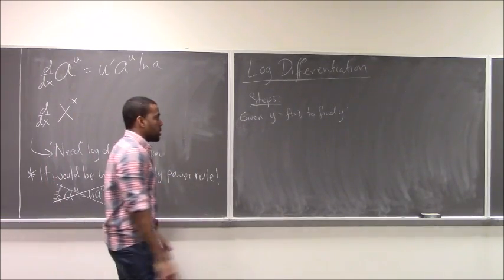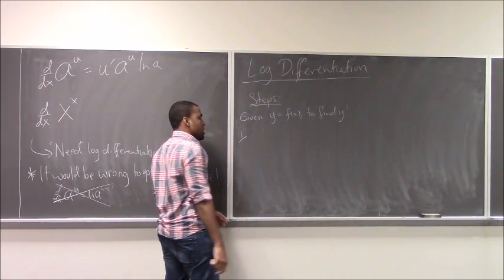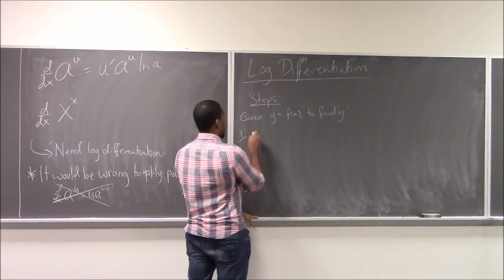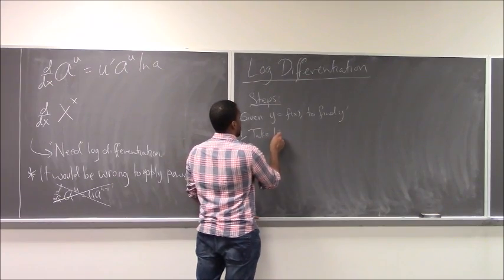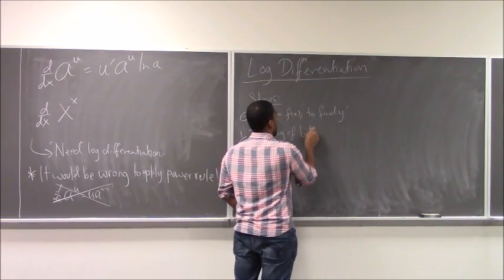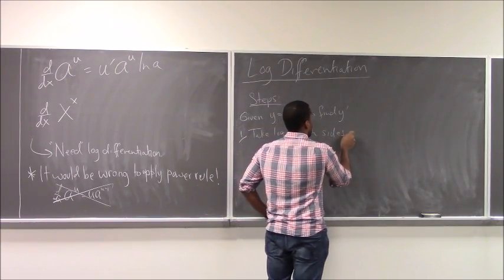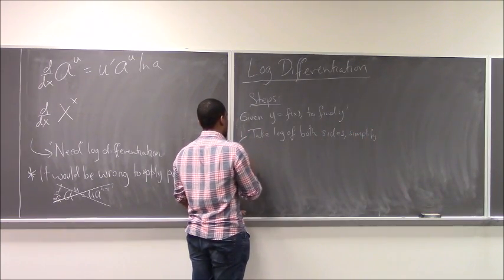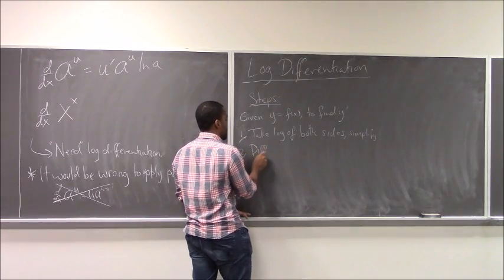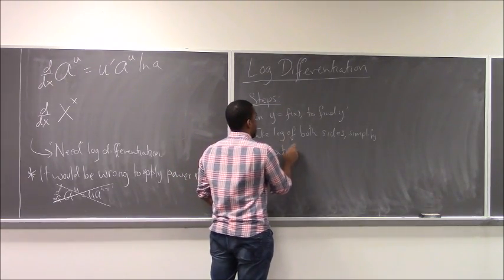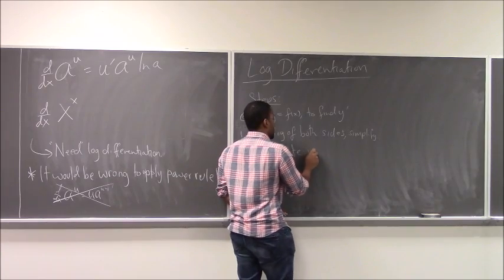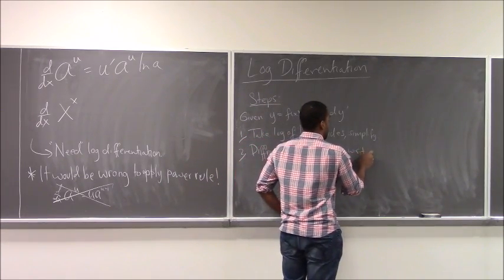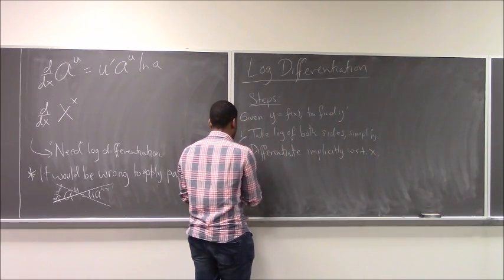You don't always do it, but in the event that you need to, and I'll tell you when these events are, there are really two main cases. Step 1, take the log of both sides and simplify. Step 2, differentiate implicitly with respect to x. Step 3, solve for y prime.